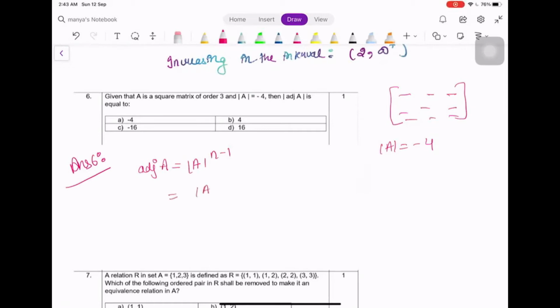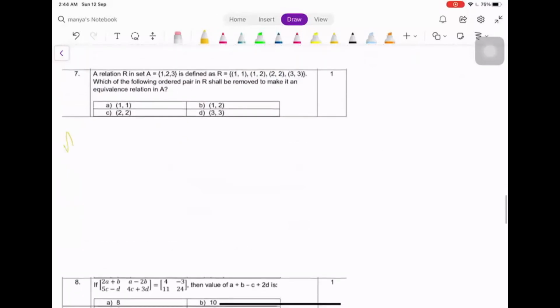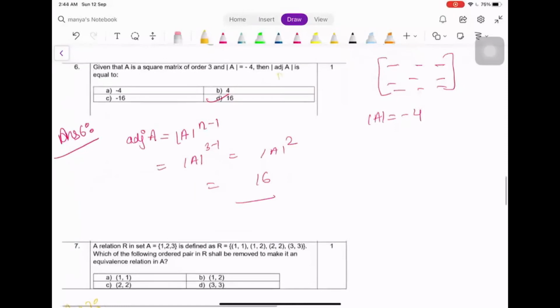So modulus A, what is the order? 3 minus 1. Modulus A ka square would be equal to adjoint A, so it would be 16. Option D is the correct answer. That was a bit direct question. Let's move to the seventh question. It was again from matrix.